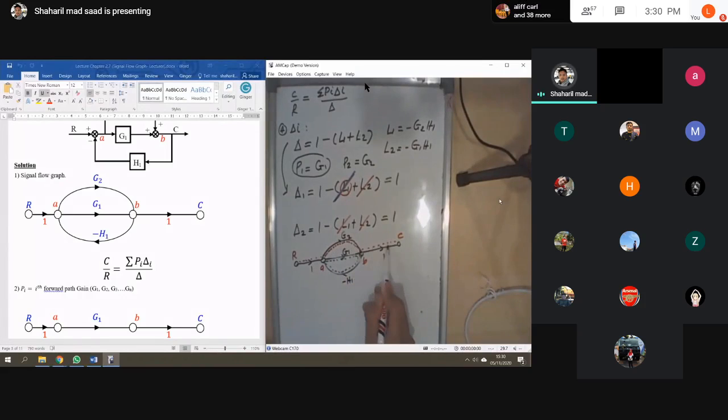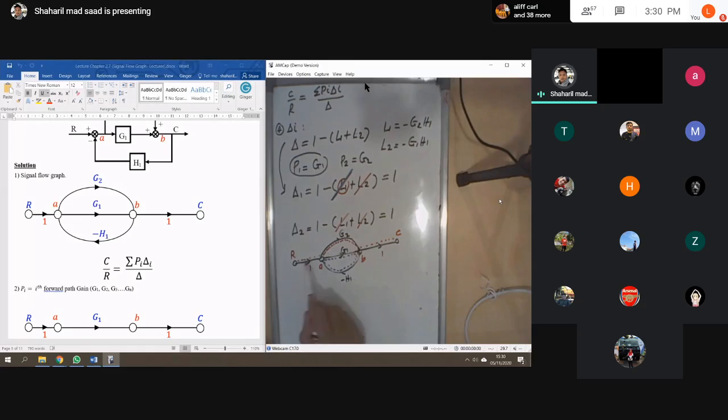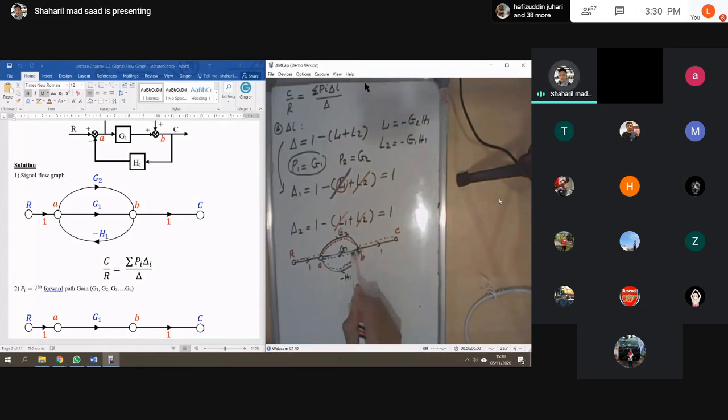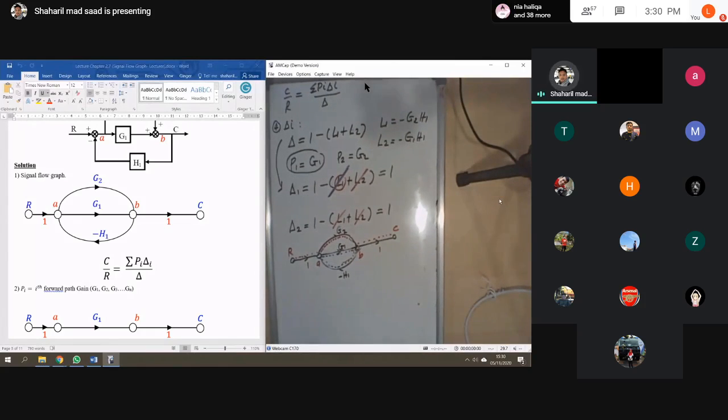G2 and C. Okay, G2, this one. And this loop number 2, L2, also touches forward path 2, P2, right? That means you drop. Okay, clear?